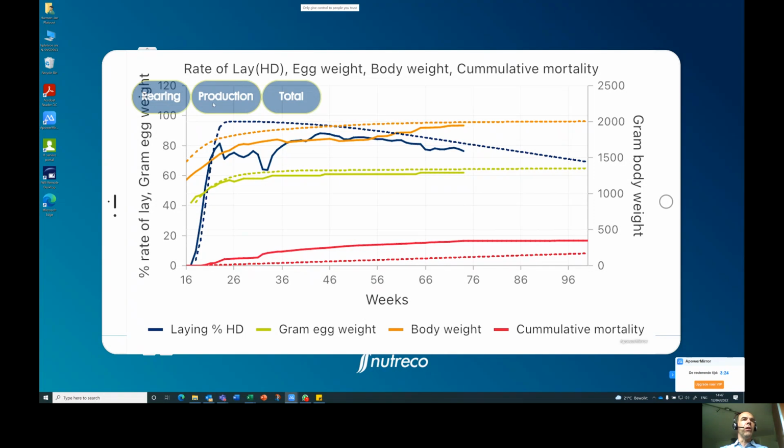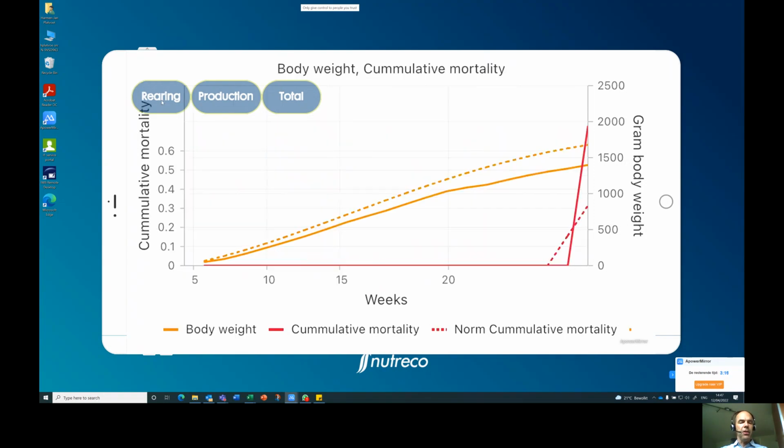The three gray patches surrounded by yellow here are buttons that you can click on. If I click on rearing, you only get to see the rearing period, so you see the graph shift. Now it only says cumulative mortality on the left and body weight on the right. And you see that the weeks shift from 0 to 20, which is the rearing period.